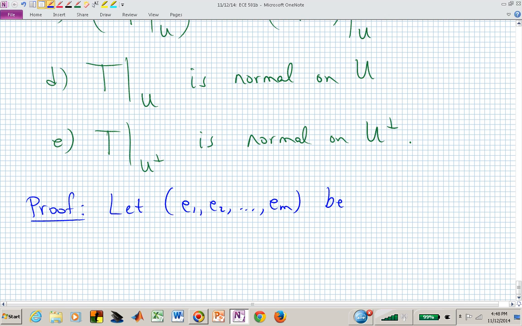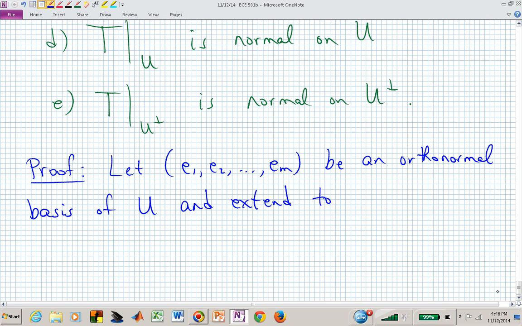E sub 1, E sub 2, E sub m, let that list be an orthonormal basis of U, and we're assuming that U is a subspace of V.